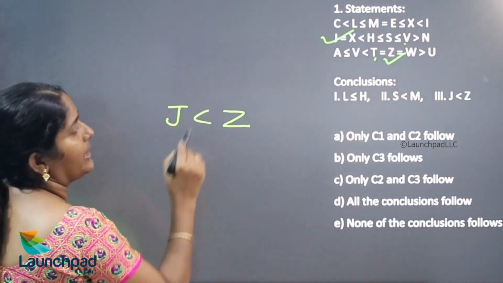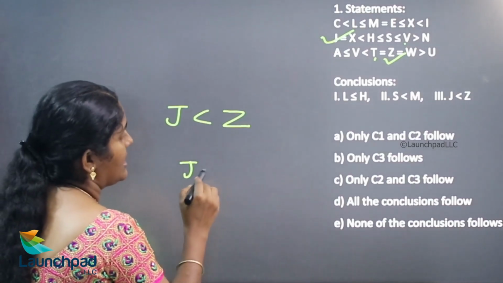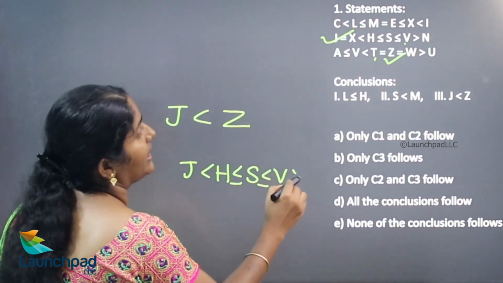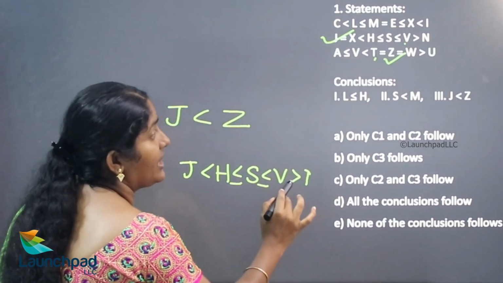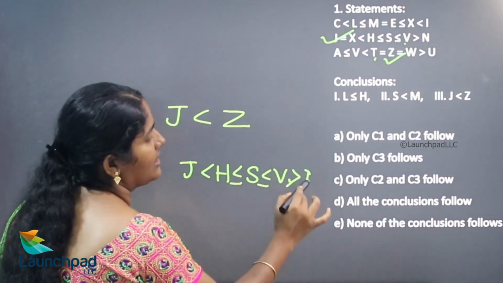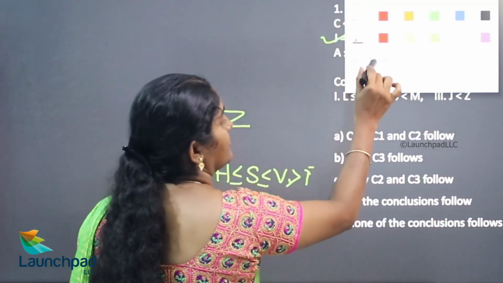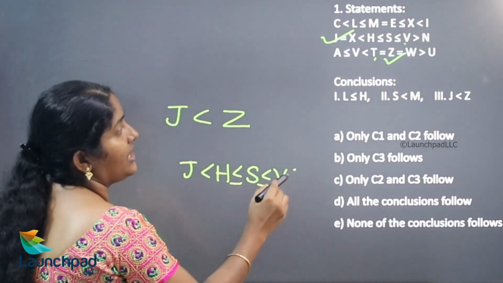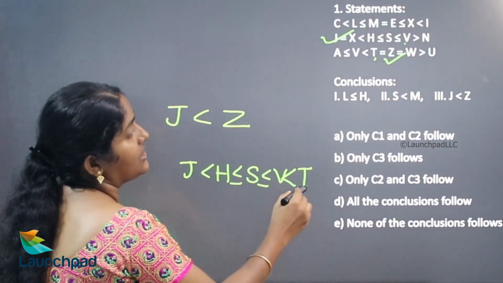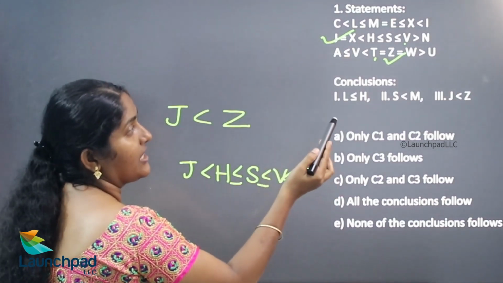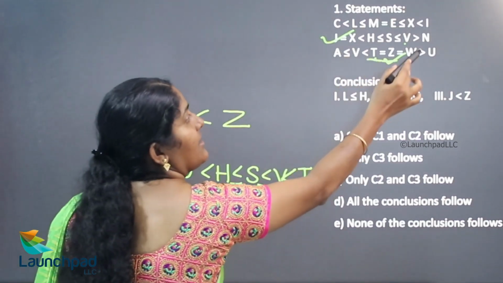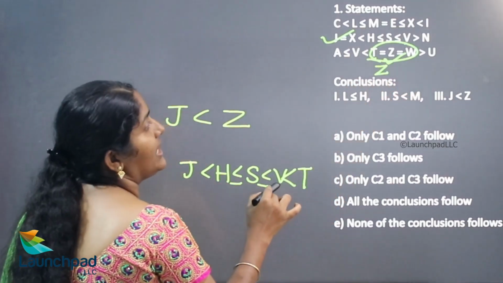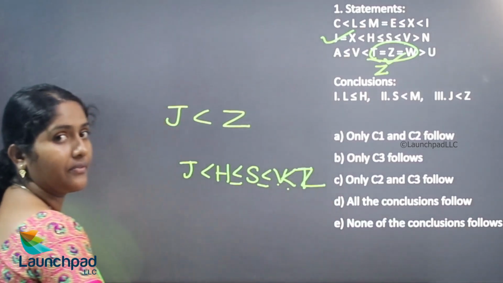V. So here J less than H, H less than or equal to S less than or equal to V, greater than N. Sorry, V is less than T, or we can use Z also. So instead of T is equal to Z, Z is equal to W, we can use Z. So V less than Z.